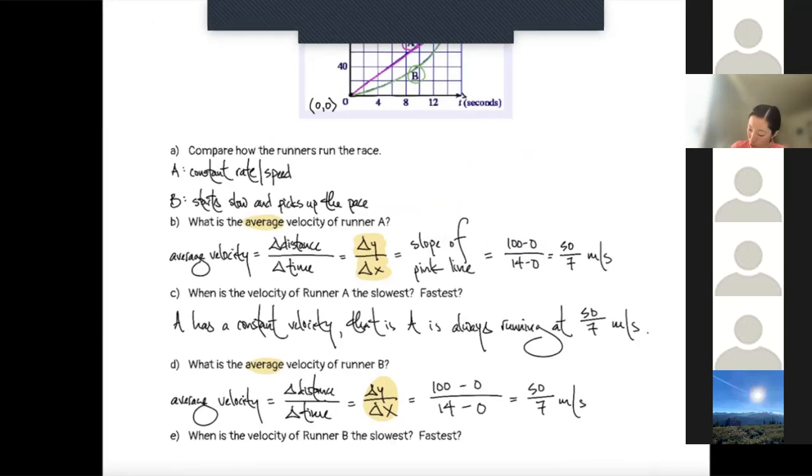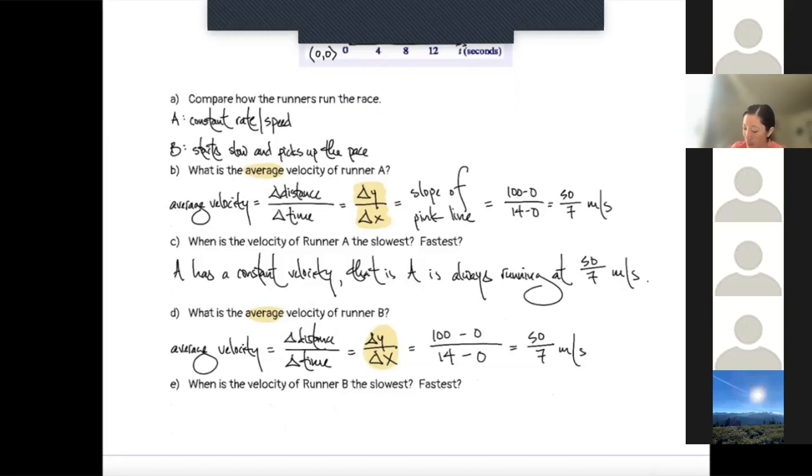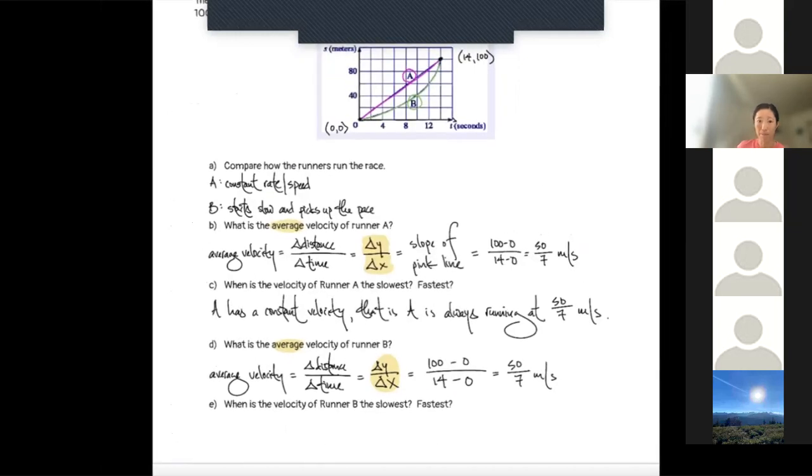Now, for part E here, it says, when is the velocity of runner B the slowest? Maybe now we can answer that question a little bit better, okay? So when on the graph would you say runner B is running the slowest? Yeah, somewhere in the beginning, right?